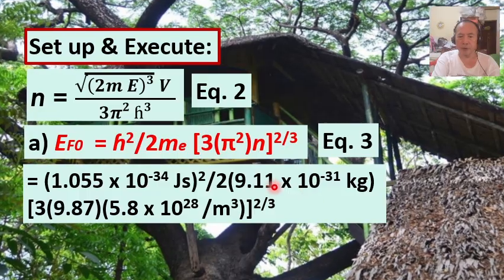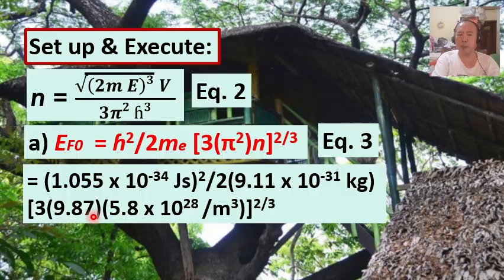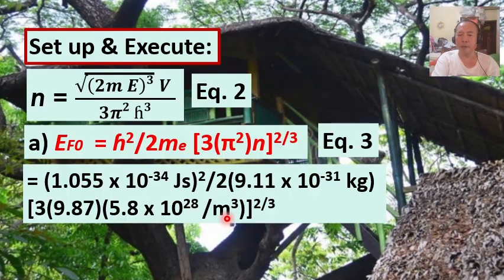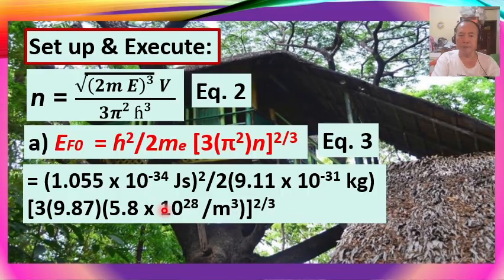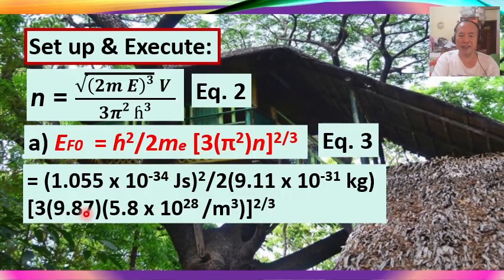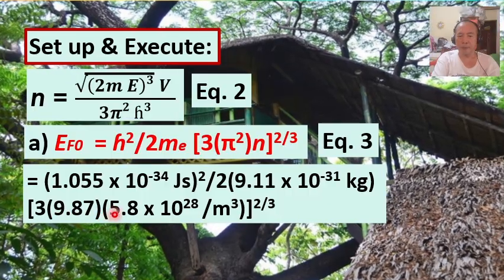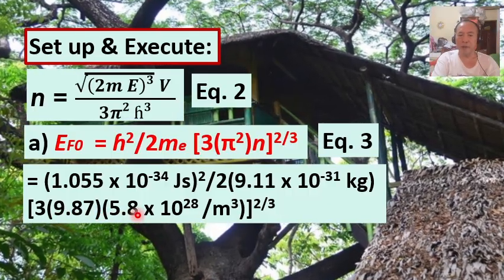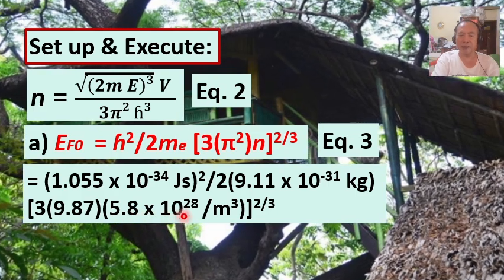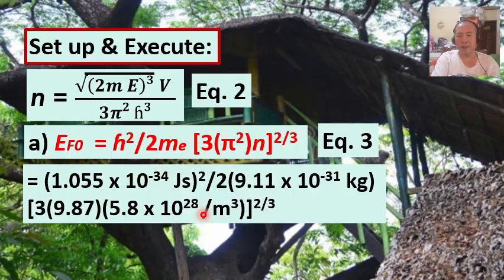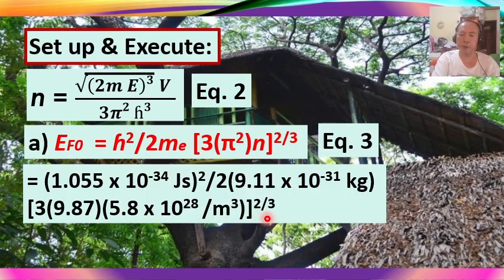Okay, so whatever is their quotient, that will still have to be multiplied to the result of getting the value of 3 times 9.87, the square of the pi value, multiplied by the value of small n, 5.8 times 10 raised to the 28 free electrons per meter cube, then raised to the power 2/3.